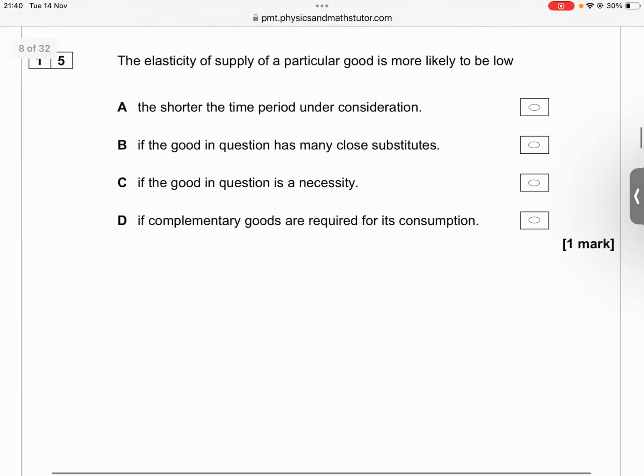Which of these factors means that PES will be low? Let me see. PES is the change in supply given the change in price.